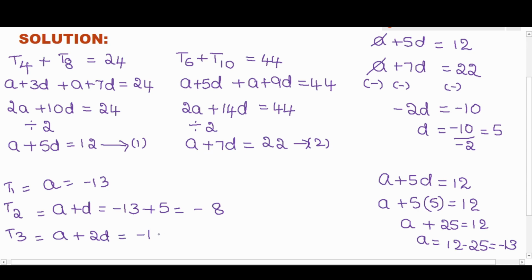You have minus 13 plus 2 into 5 there. So you get minus 13 plus 10. So you have minus 3 there. So in the question they have asked to find the first 3 terms, and the 3 terms are minus 13, minus 8, minus 3 and so on.